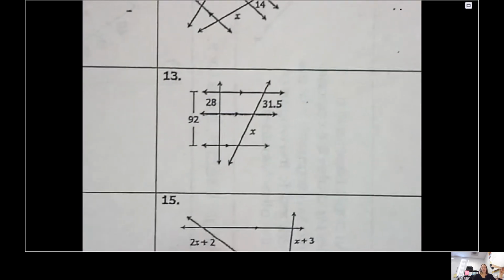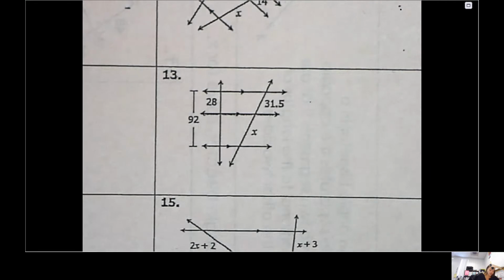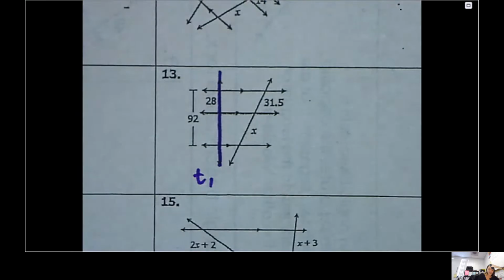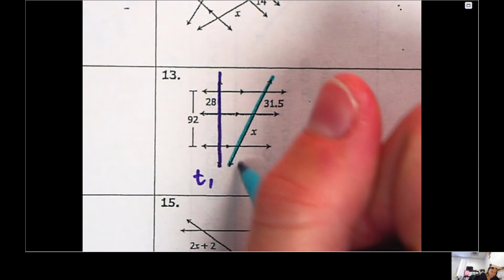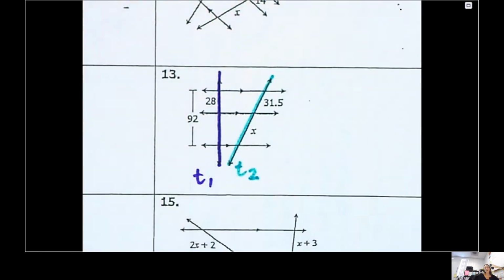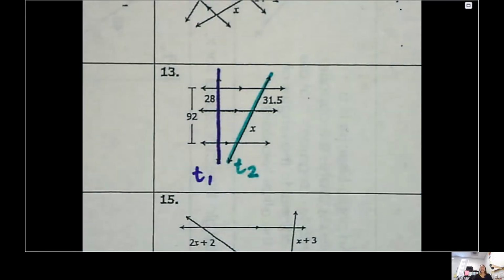Let's do 13. Okay, I'm going to label my 2 transversals. So this is one transversal. I'm going to call this T1. And then I'm going to label the other one as T2. Okay, so I need to pick the 2 pieces that make up transversal 1. What are the 2 pieces that make it up?